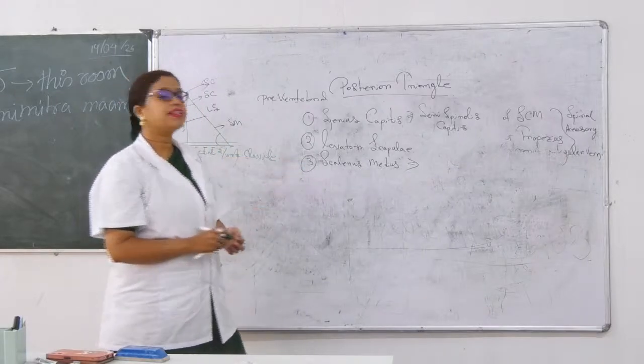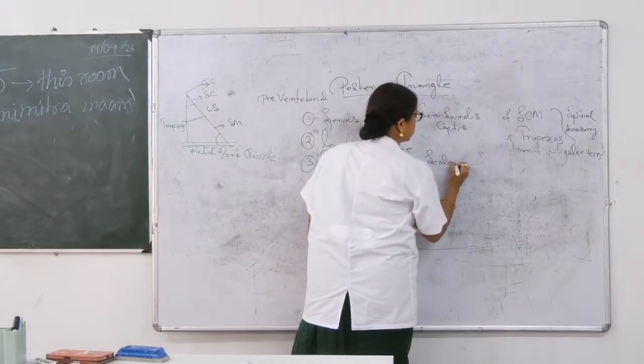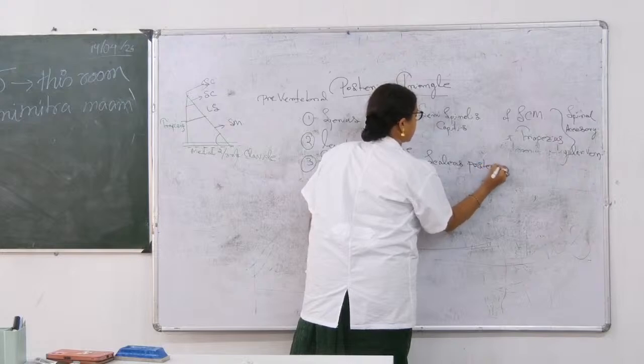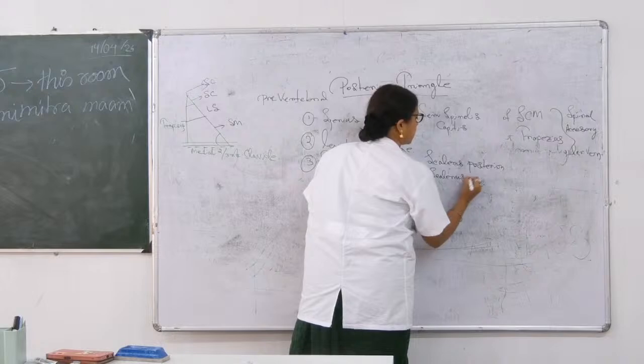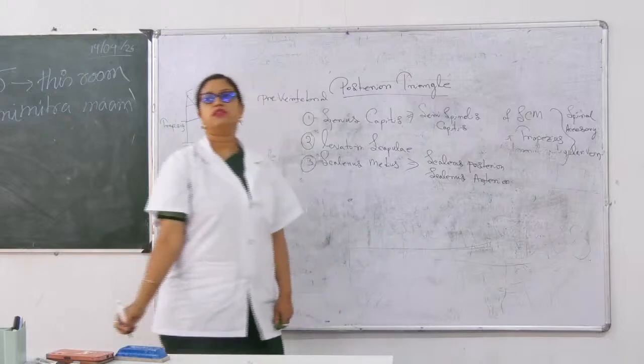So you will also get the scalenus posterior. Scalenus posterior. Then next one is scalenus anterior. আর serratus anterior কতগুলো ডিজিট আছে?